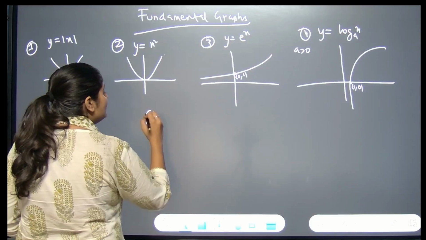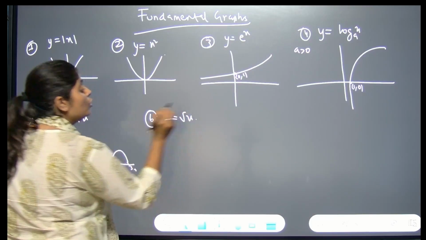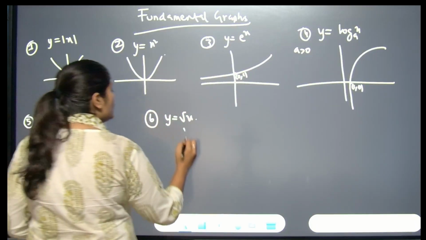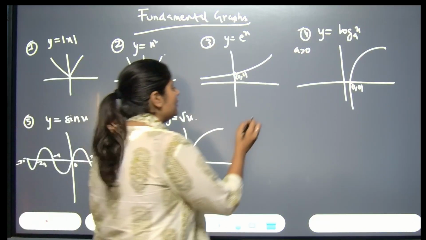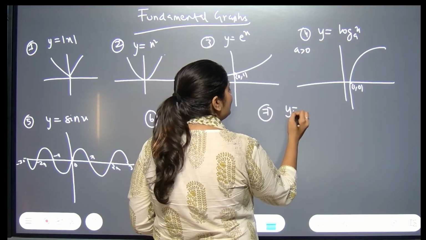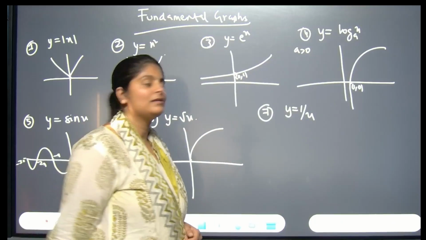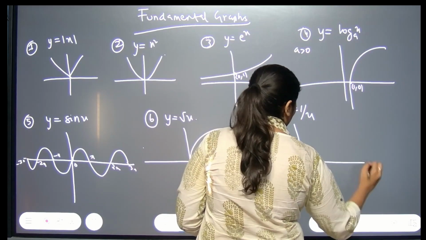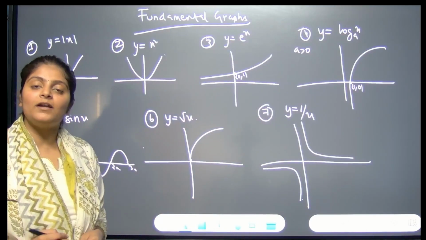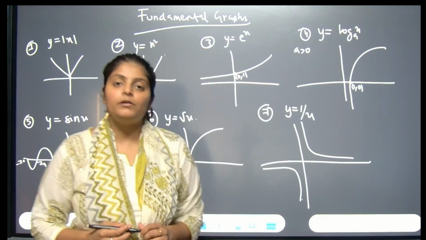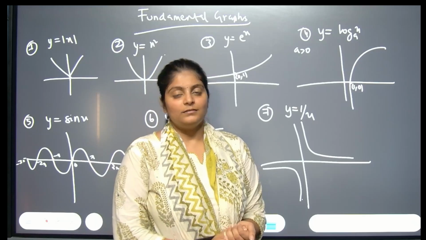Next, the graph of y equals root x is this. And the seventh fundamental graph is y equals 1 by x, and its graph is this. So using these seven fundamental graphs, we will be able to transform graphs, right?